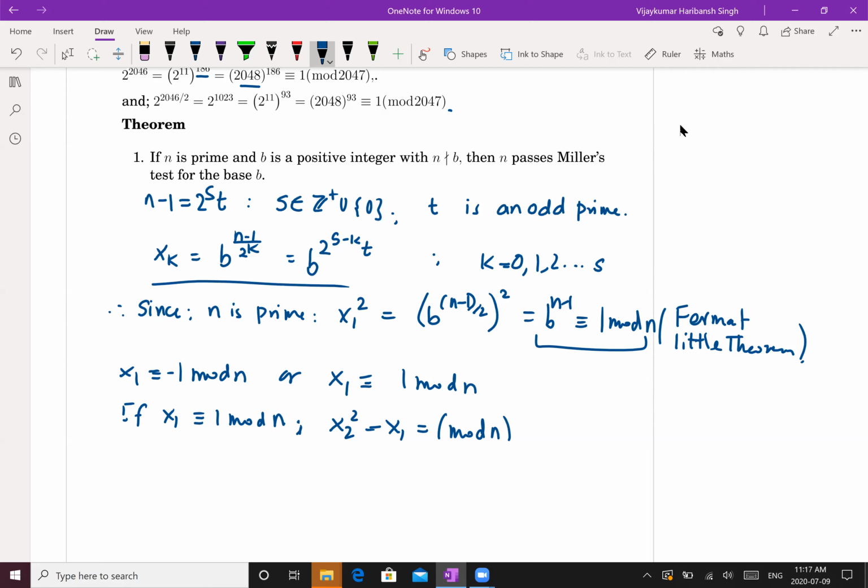x2 square is x1, x3 square is x2, and so on and so forth. Okay, so let me write that down in case. So x1 is x2 square, x3 square is x2, and so on and so forth until it is meaningful. So we get the following. We have found out that x2 square is congruent to 1 mod n.